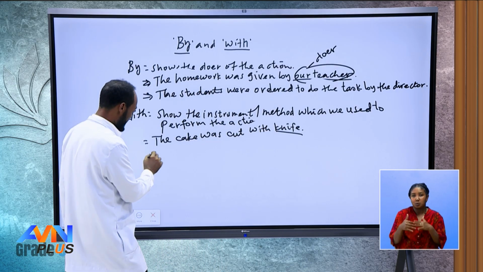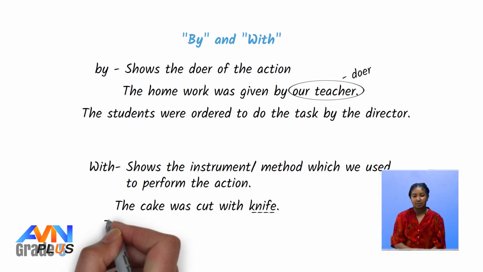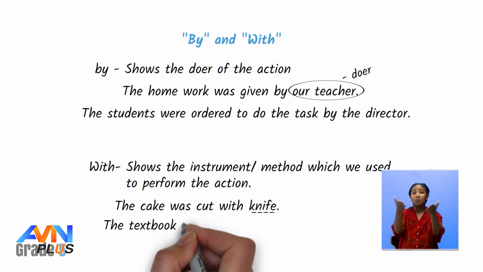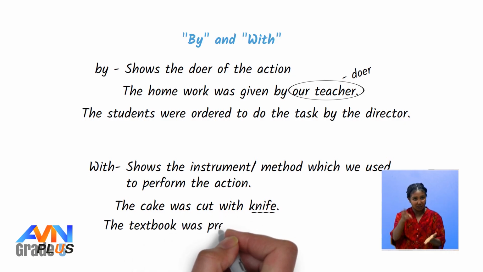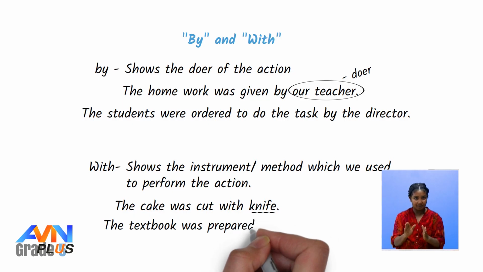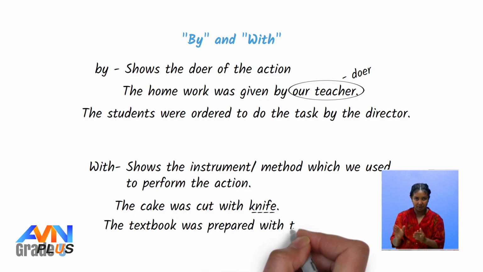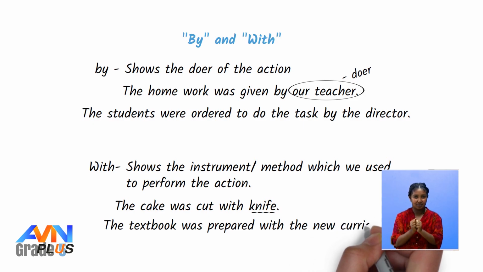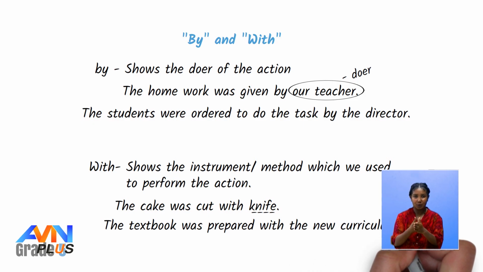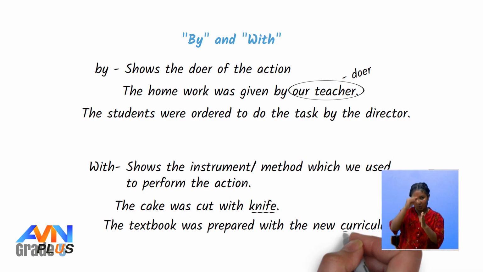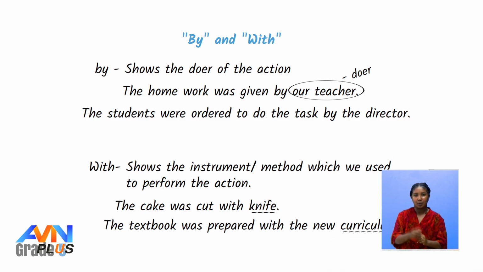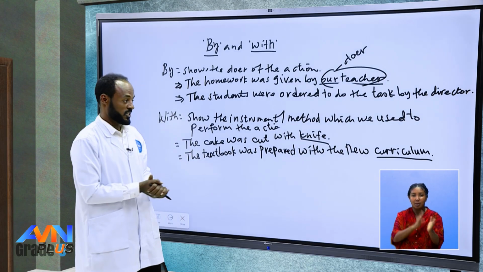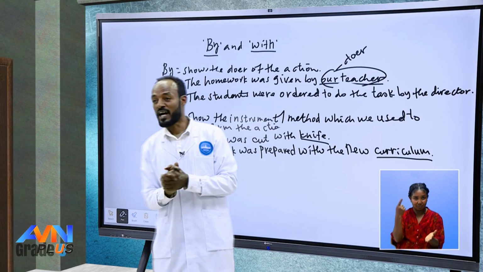Here, the textbook was prepared with the new curriculum. Look, this one is the method or the system that we use to prepare the text. Am I right? Very nice, student.